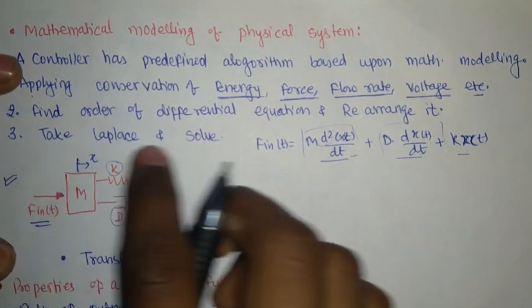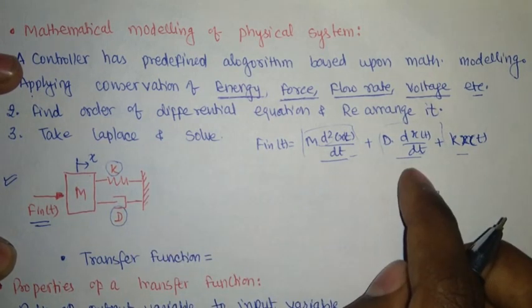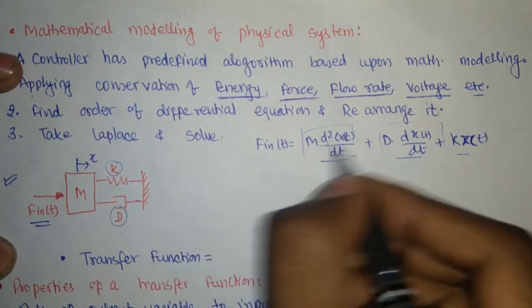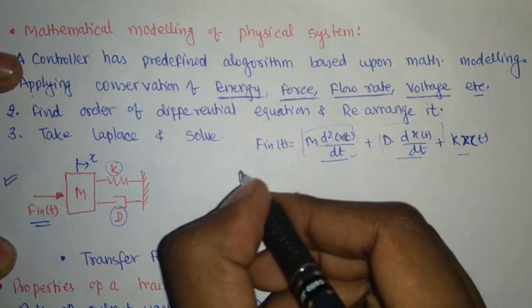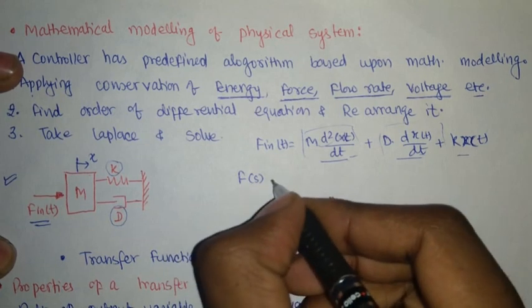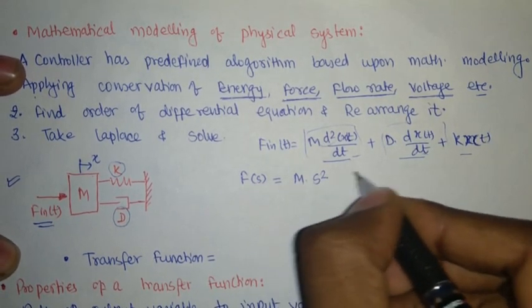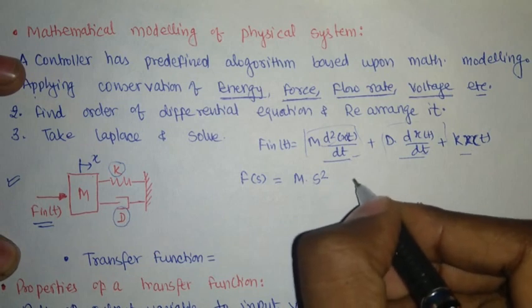Now the third step is to take the Laplace of both sides and then solve that particular equation. If I take the Laplace on both sides, that will give me F(s), whatever my input F(s), which will become m into s square, plus the other terms. I am taking initial conditions as 0.